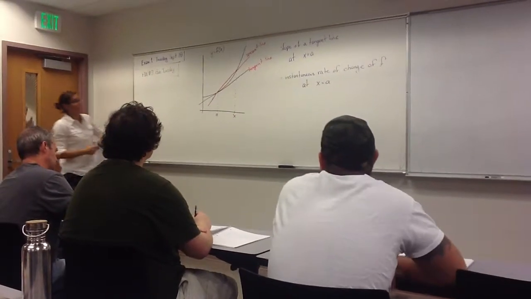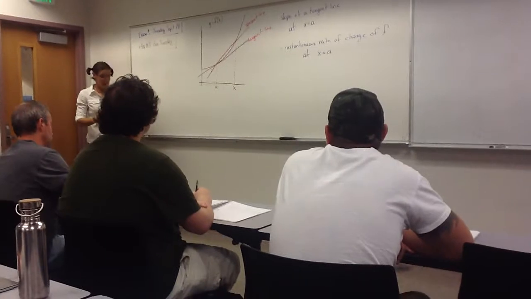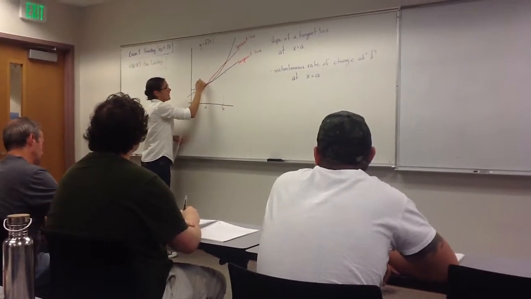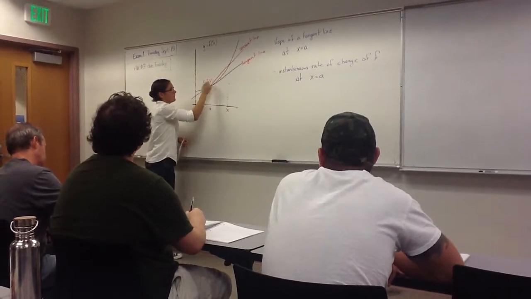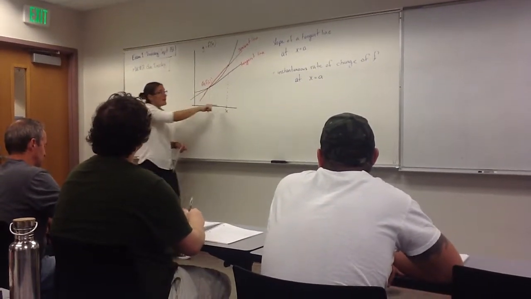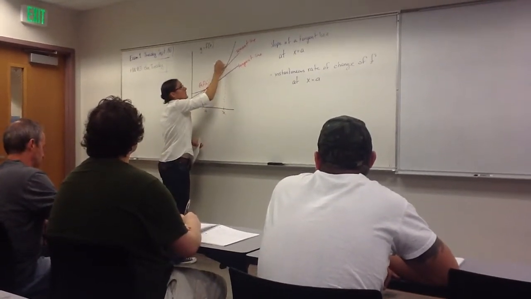And so, if I'm looking at the secant line, and I want to find the slope of that secant line, I need to have 2 points. The first point is the point a comma f of a. I get the y value by plugging a into my function. And my second point, my x value is x, and my y value is f of x.